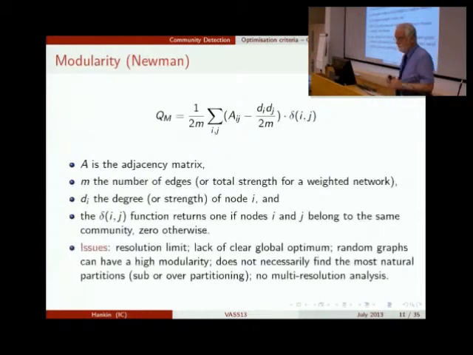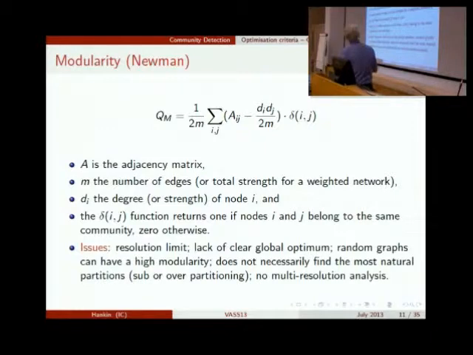So if we look at global criteria first, the classic approach is based on this notion called modularity, which is due to Newman and has been developed by Newman with a number of different co-authors.